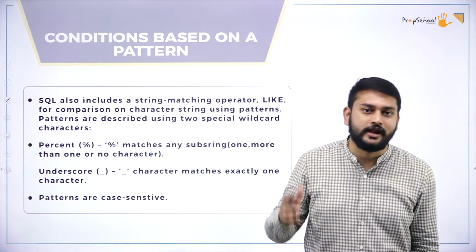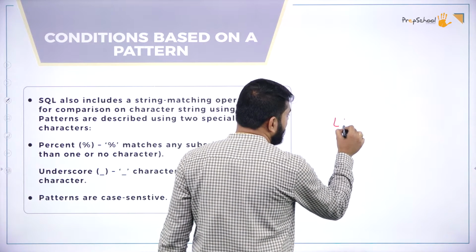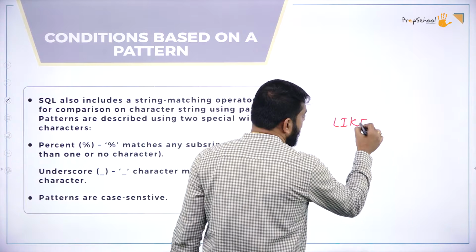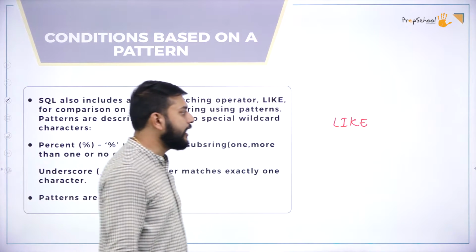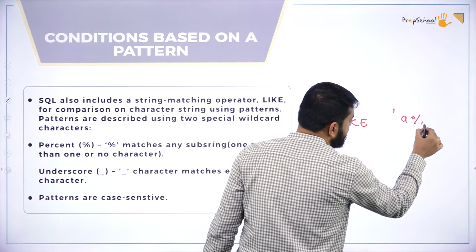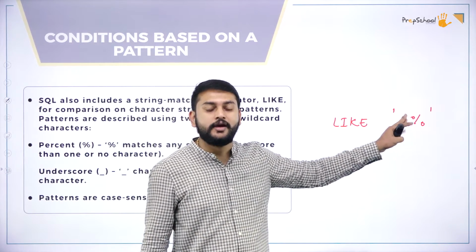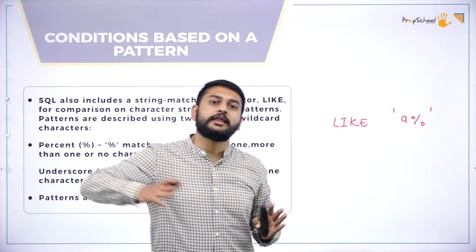For that, you will be using the LIKE operator, followed by your pattern, which will be something like this: A followed by percentage. The first character should be A, followed by percentage, and the rest can be anything.